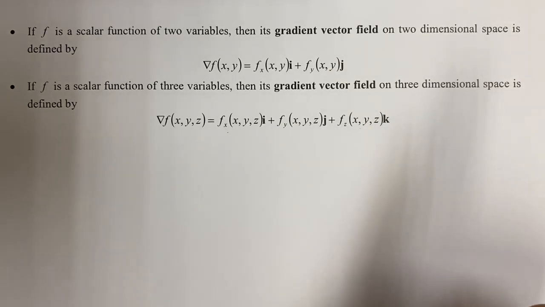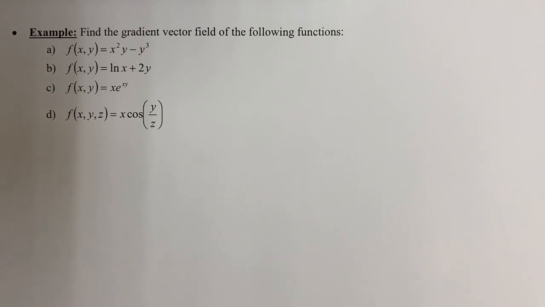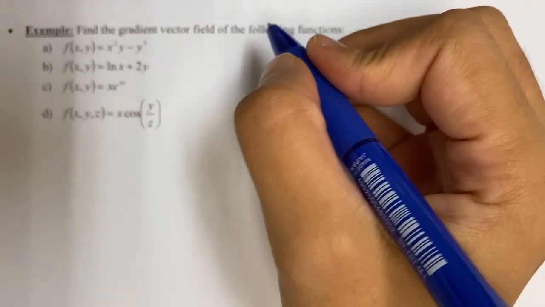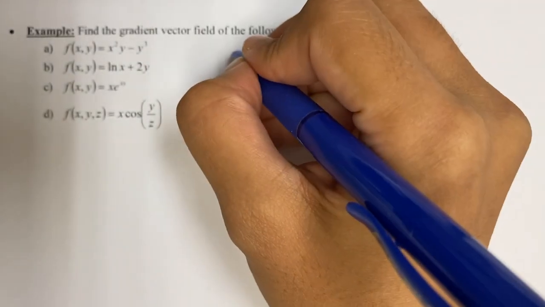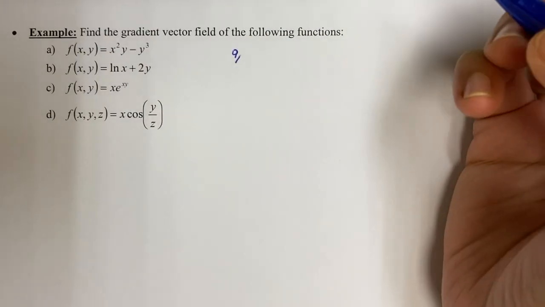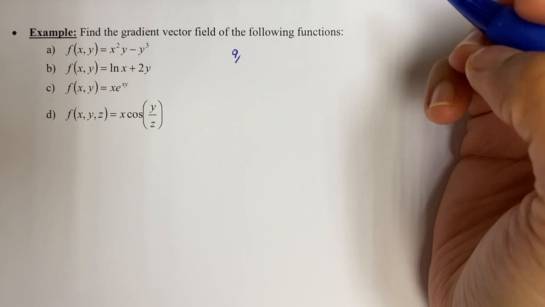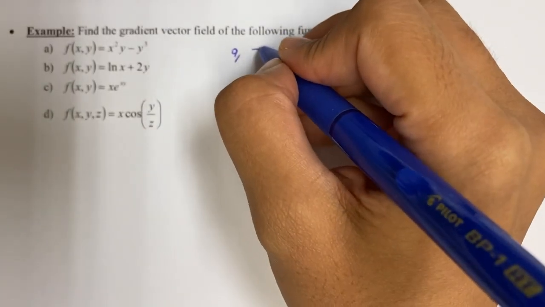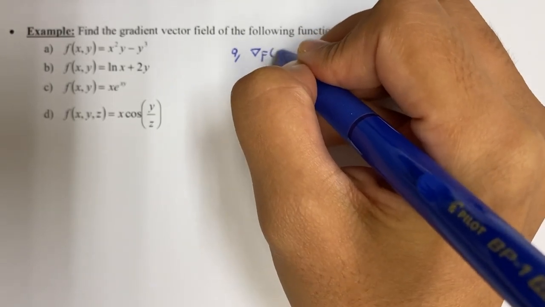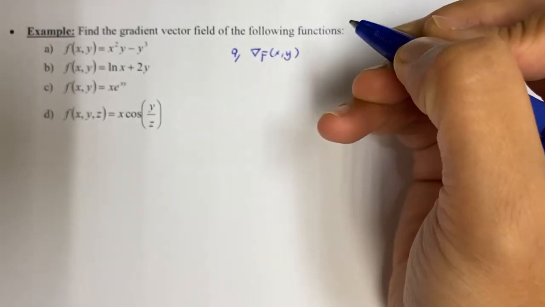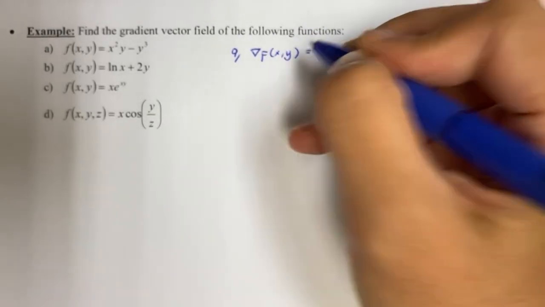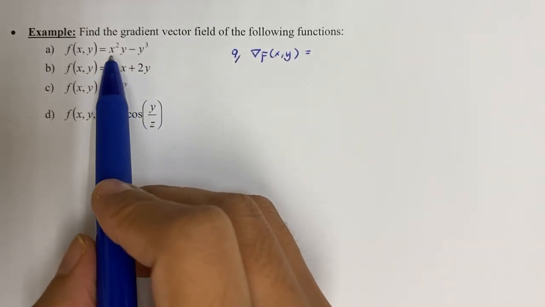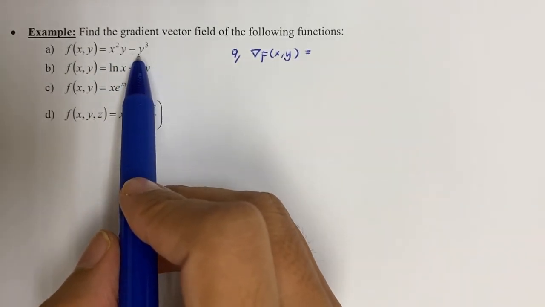Very simple. As an example, find the gradient vector field of the following functions. Start with function A. I have f(x,y) equal to x squared y minus y cubed. So the gradient of f(x,y) is equal to, differentiate f(x,y) with respect to x first.